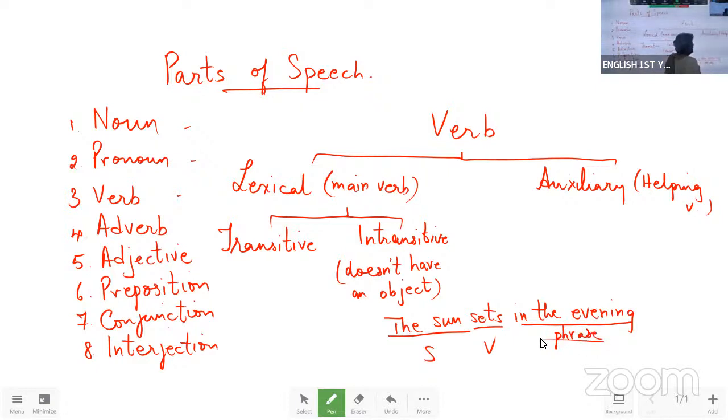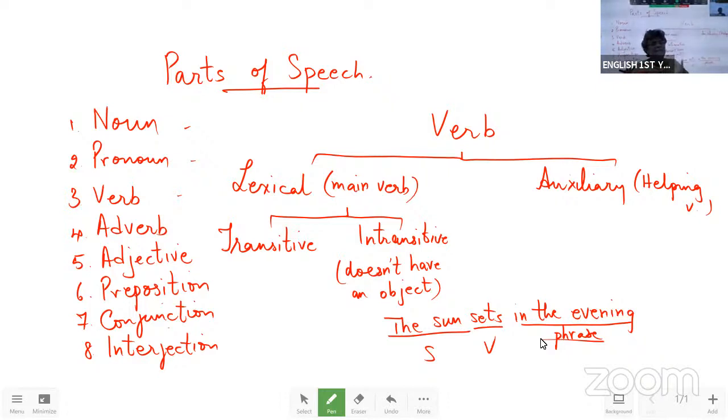Now, what do you mean by a phrase? The difference between a clause and a phrase is, clause is a group of words which makes complete sense because it has a verb. Phrase is also a group of words which makes sense but not the complete sense. Like take for example the phrase in the evening. In the evening what?